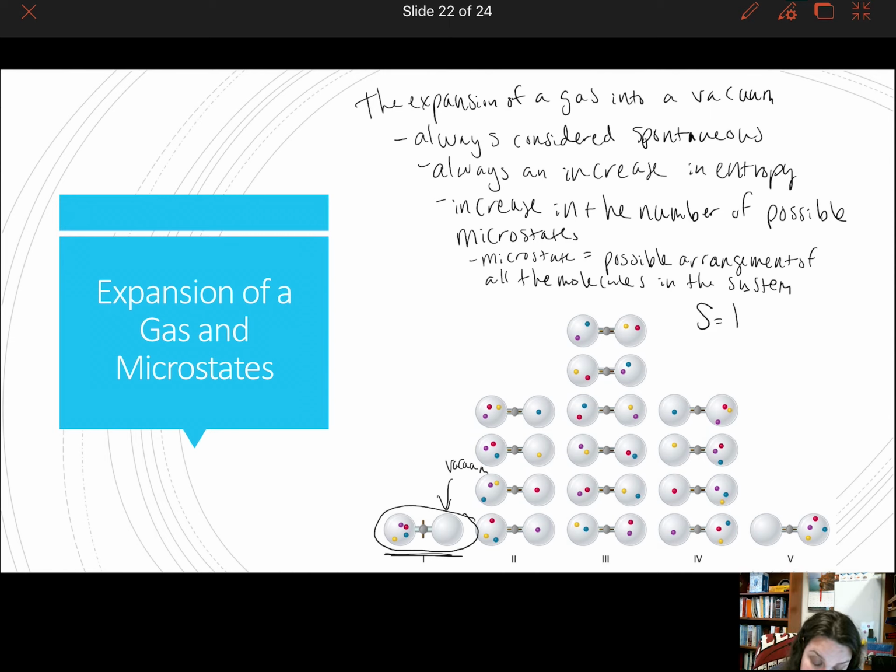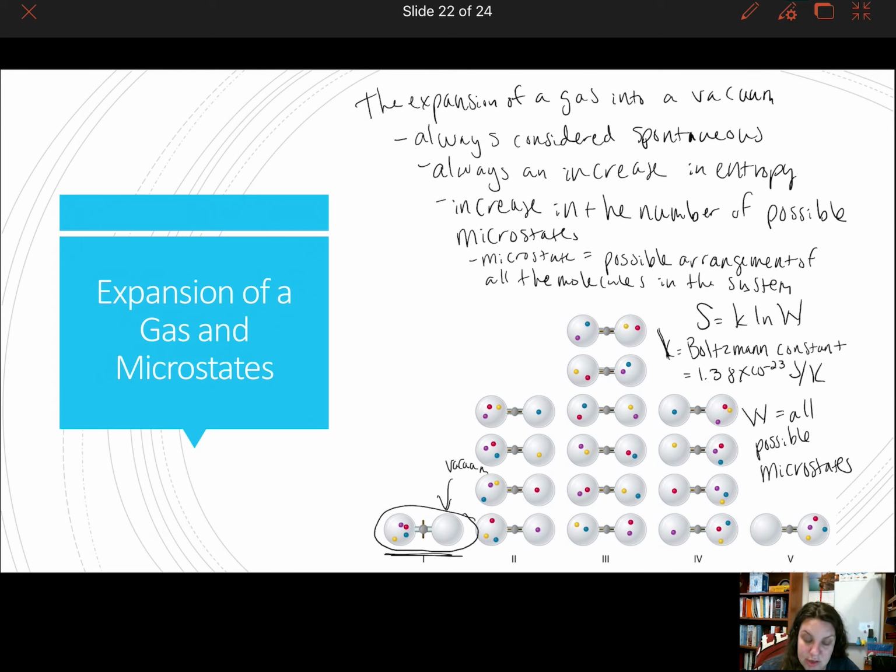S is equal to k ln W, where S is our entropy, k is the Boltzmann constant, which is 1.38 times 10 to the negative 23rd joules per Kelvin, and W is the possible microstates.